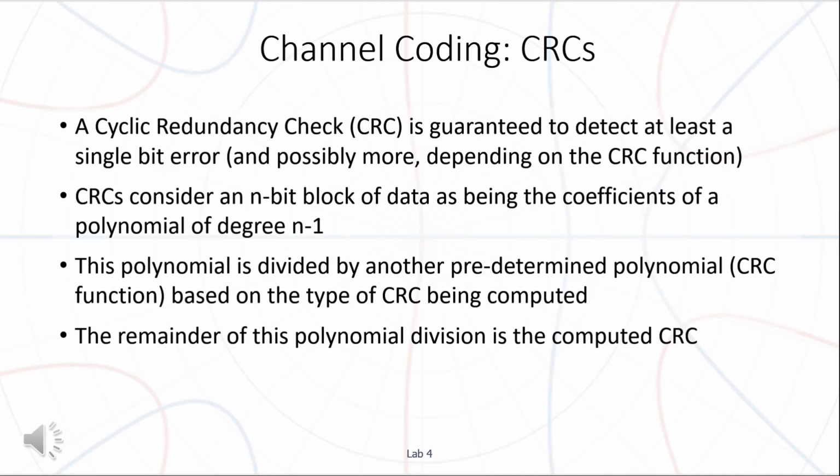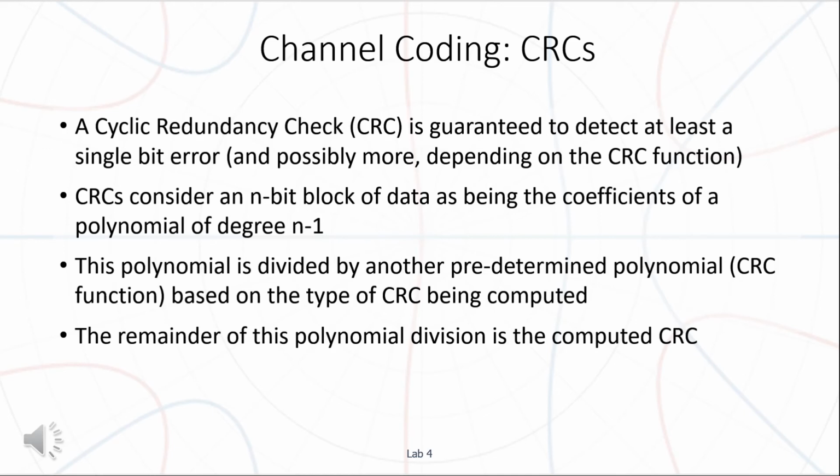A CRC, or cyclic redundancy check, is guaranteed to detect at least one bit error in a message, and possibly more, depending on the order or level of sophistication of the CRC function. The way a CRC is computed is it takes the data to be transmitted and considers it to be the coefficients of a polynomial of degree n-1.